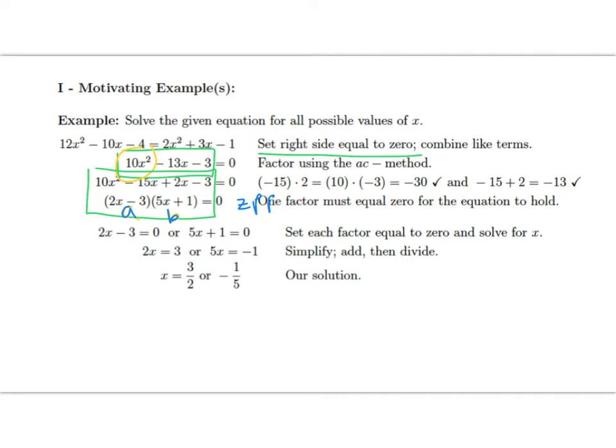And then these are just linear equations that we can solve for, and we can get our two solutions. So everything that was boxed in green is what you're used to. That's just expressions, if you will. But you just need to make sure that you set your equation equal to 0 first, and then afterwards you apply the zero product property.